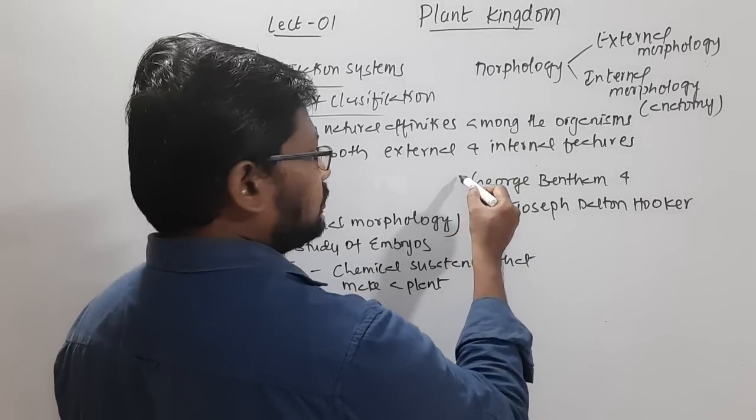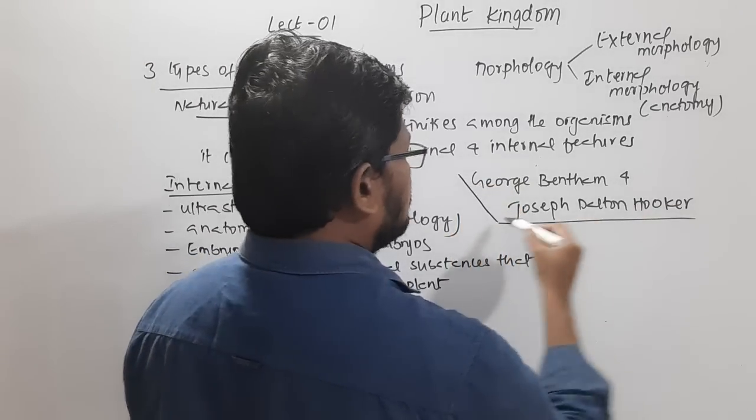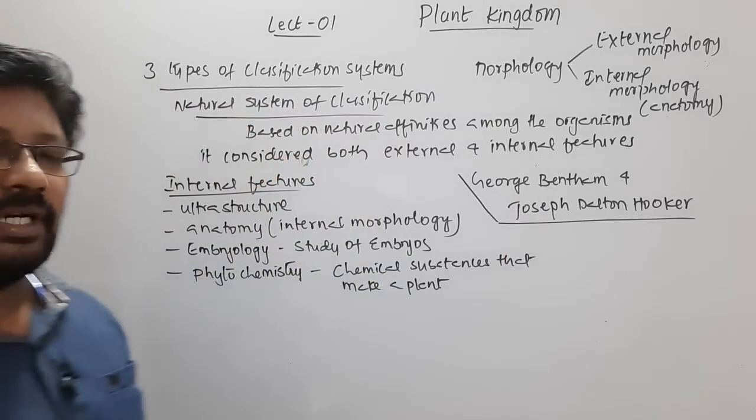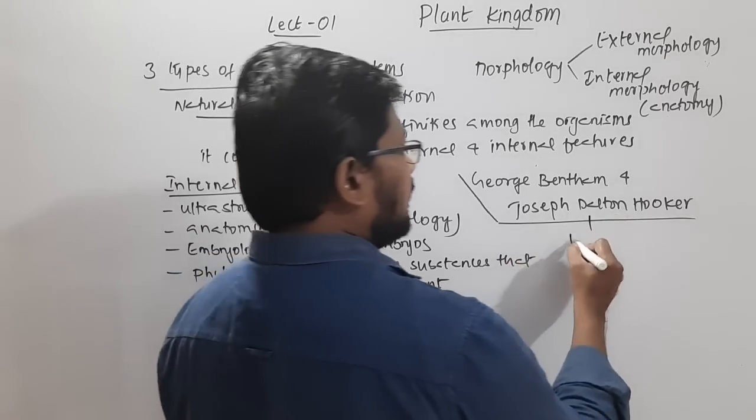Their classification, the natural system of classification, is given by George Bentham and Joseph Dalton Hooker.